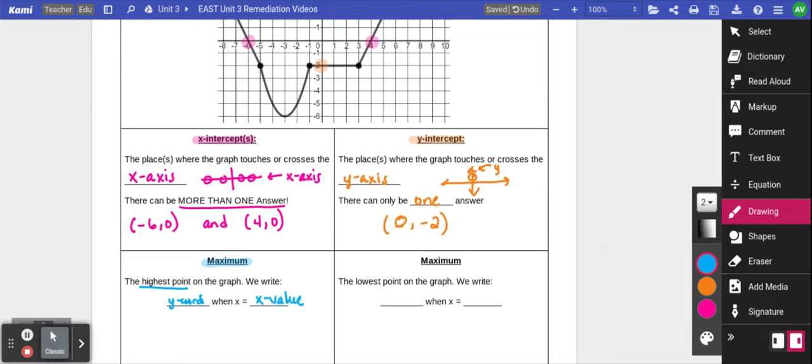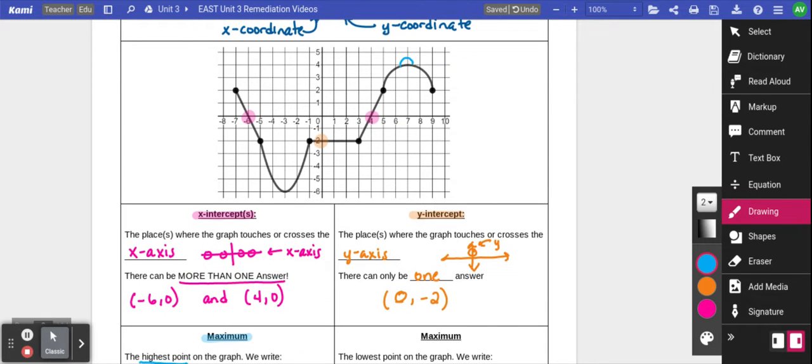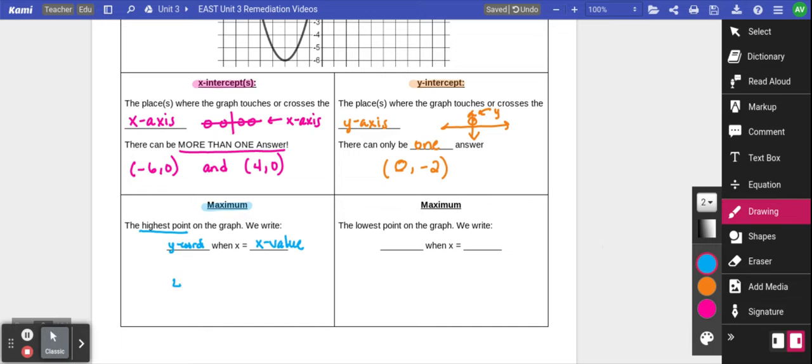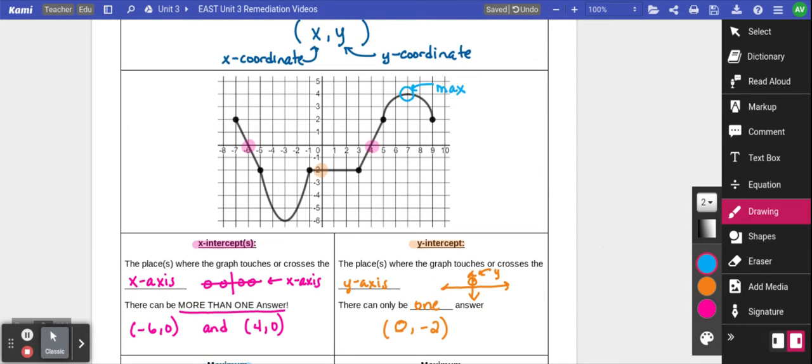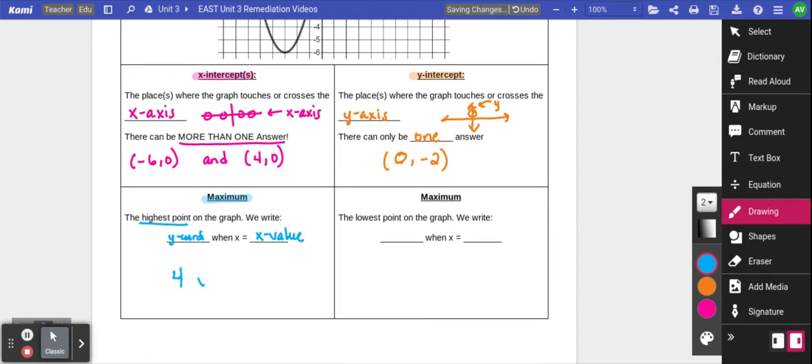For example, on this graph, the highest point on the entire graph is right here. And so when I name that point, I would say that the highest this graph goes is 4, because that is the y-coordinate, and that happens when x is 7. So I would write 4 when x equals 7.